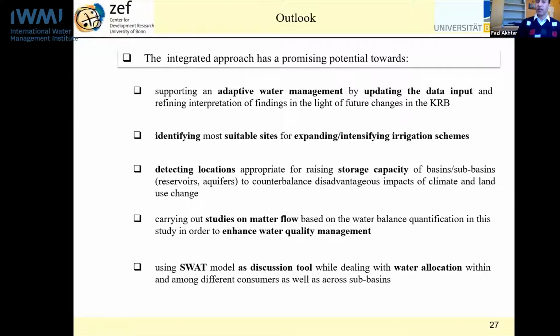We have to think about having such approaches. It tells us to think about the expansion or the intensification of irrigation schemes. Again, it's discussable, and maybe we could speak about this.